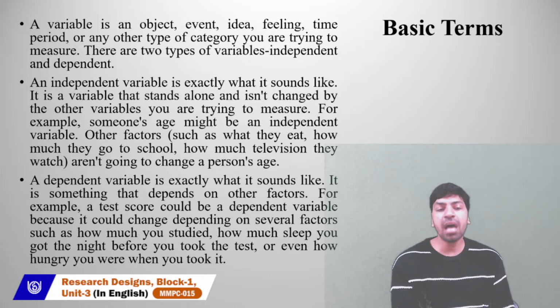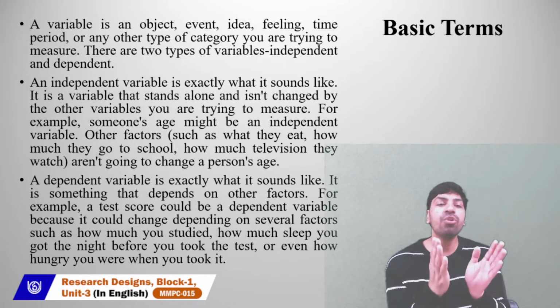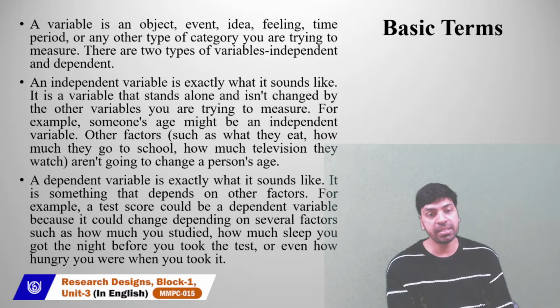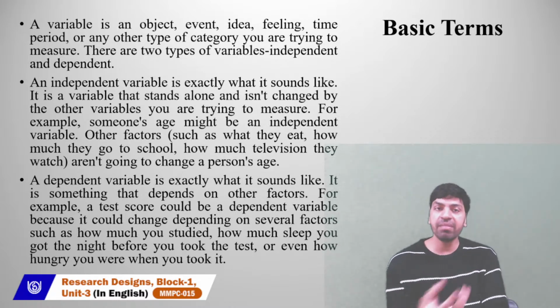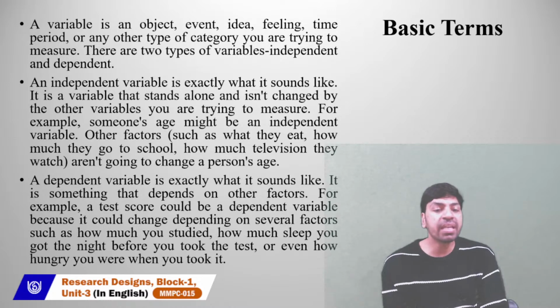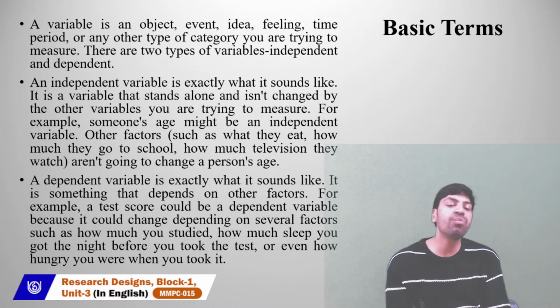As the name sounds, this is something which depends on other variables or factors. For example, test scores are dependent on the number of hours spent studying, and that's why the test score is a dependent variable. If any variable is dependent on other variables, it becomes a dependent variable.